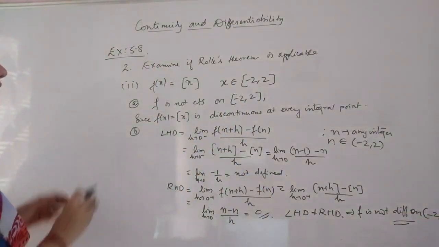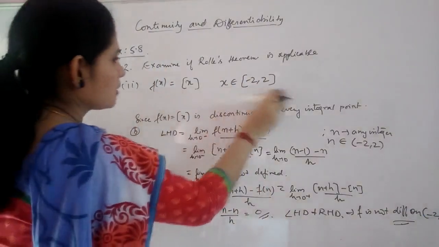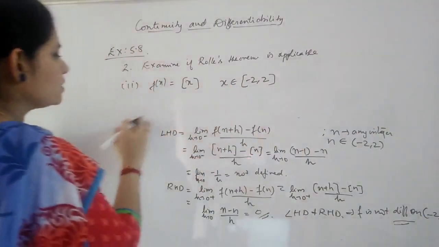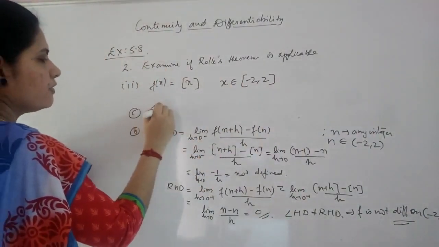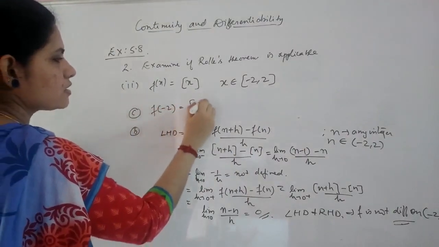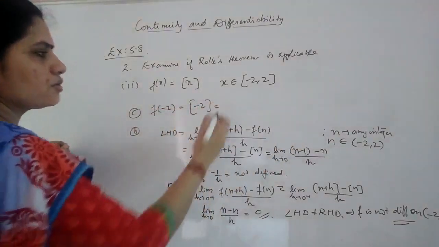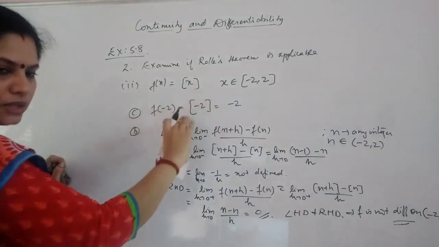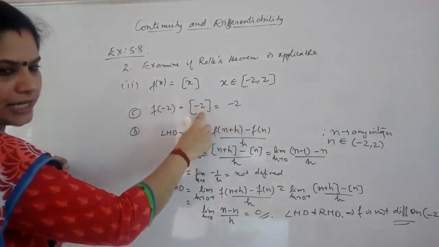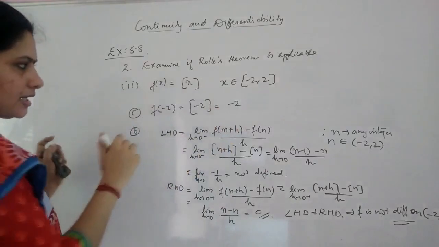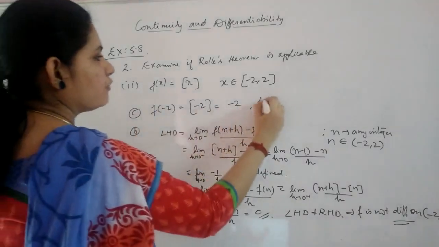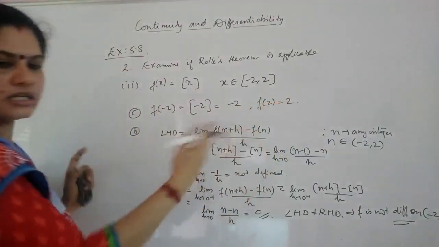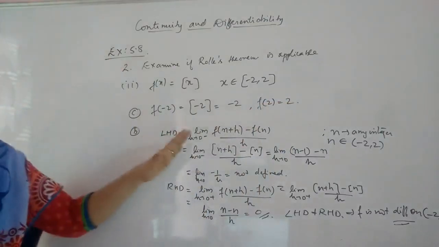And what about the third one? The third one is f of a equal to f of b. F of a will be f of minus 2, the greatest integer of minus 2. What is the greatest integer of minus 2? You will get the same number. Only if it is point something do we have to think that it will be the number which is lesser than this. Again f of 2 is the same. For an integer value, the greatest integer will give you the same number.